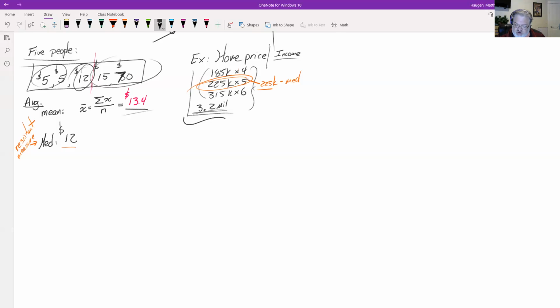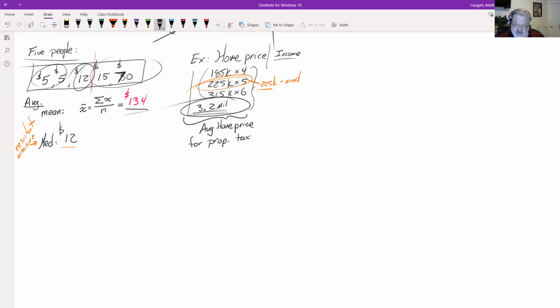Similarly, if you're the county and you're trying to figure out the average home price for property tax, that one $3.2 million house is generating a lot of extra property tax.